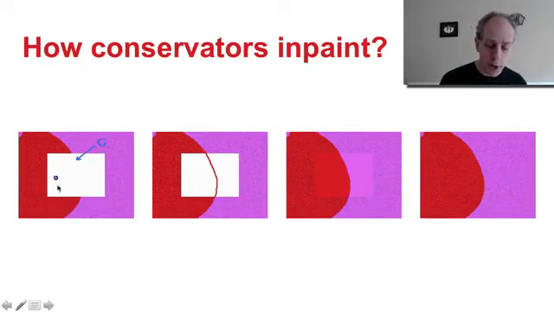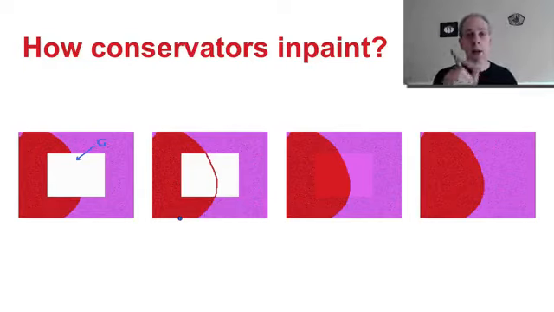We have a region to be inpainted and we have the image. So they first continue the boundaries of the regions. If there is a boundary here going inside the region to be painted, then they continue the boundary inside, the same way that a child will basically draw the outlines of the objects.